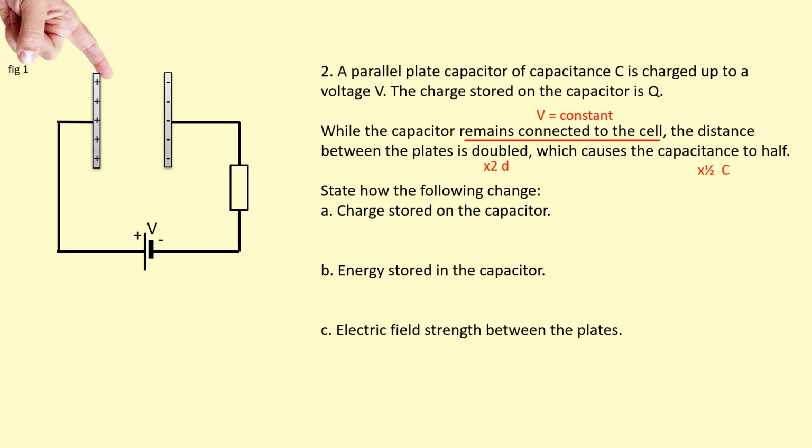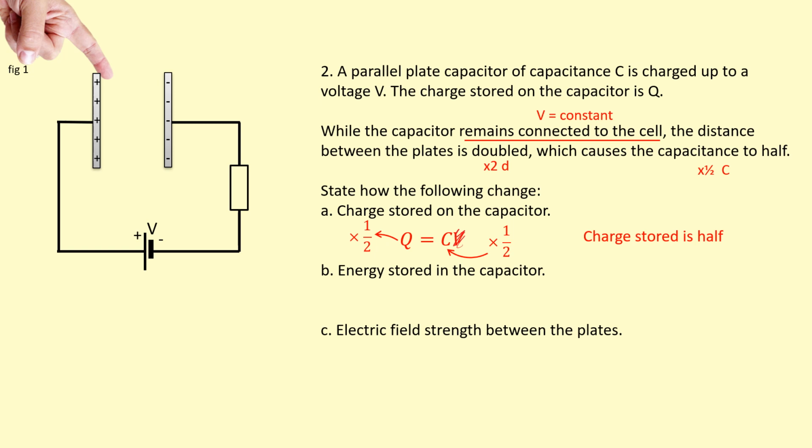So to figure out what's going to happen to the charge, I'm going to use Q equals CV. Capacitance has halved because we've changed some property of the capacitor, the distance between the plates. The potential difference is V, which is the same as before because it's connected to the same cell. So that means the charge stored is going to be half compared to the initial amount.